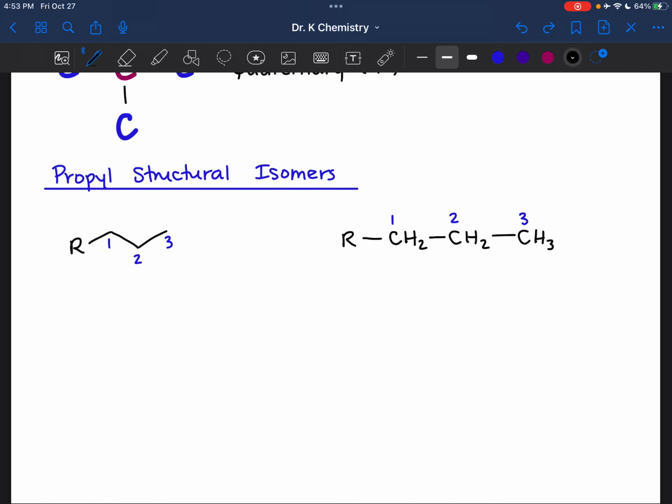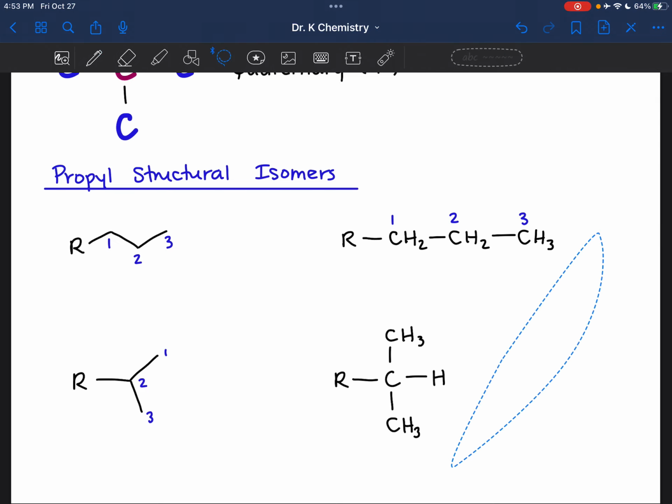Now we can connect this differently. So in this case up top, all of the carbons were connected to each other. But I could have a scenario where I actually connect these to the main chain through the middle carbon. And then that's going to have a different name. I could also draw this in the condensed structural formula so you can see how these things connect.